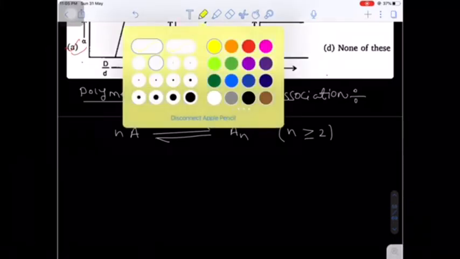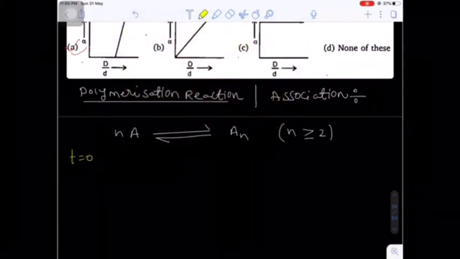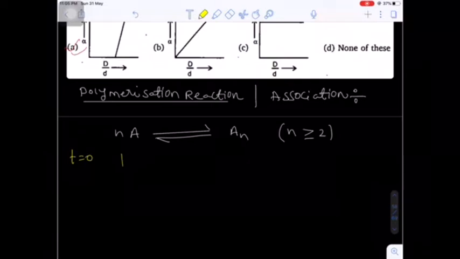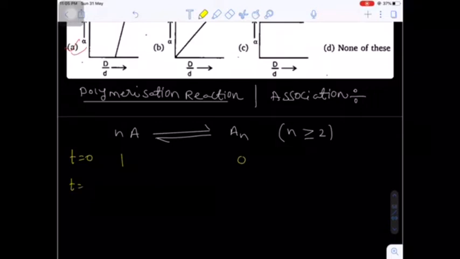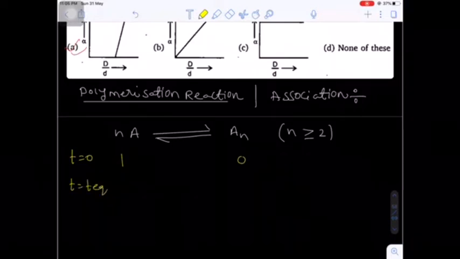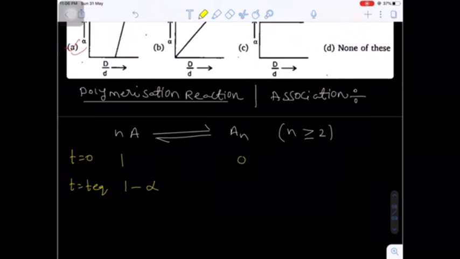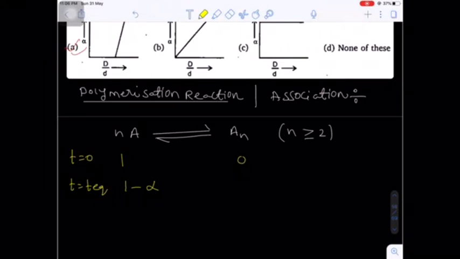Initially we have 1 mole of reactant, no product. When the system attains equilibrium, let's suppose alpha moles associated, and 1 minus alpha moles not.